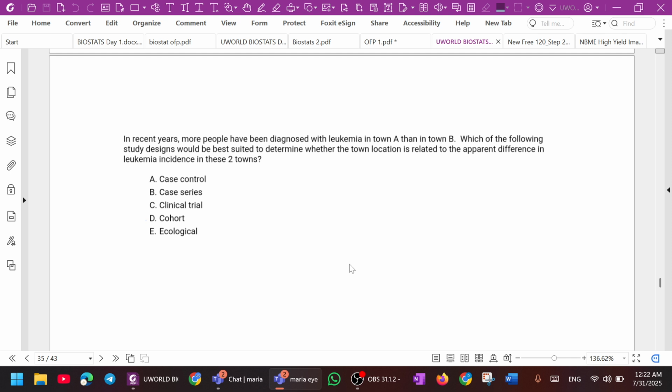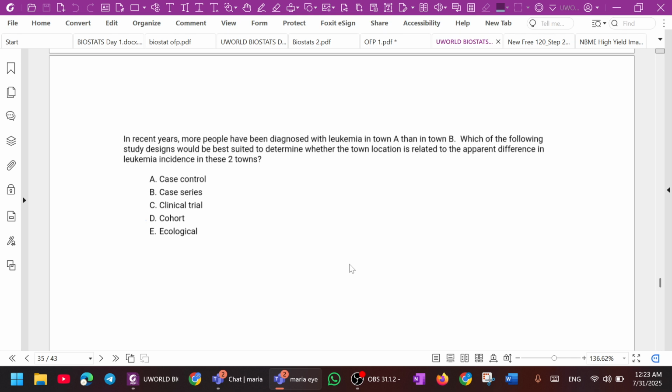Is it ecological? They are looking for the location, the leukemia regarding that particular area. So you think it's ecological. I'm between ecological and case control.